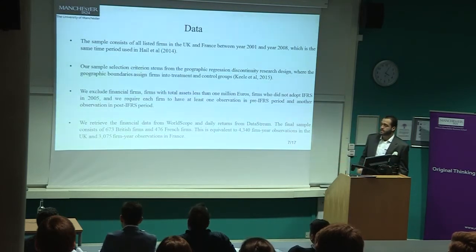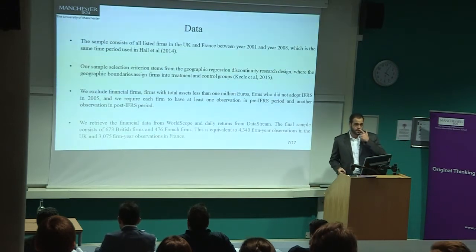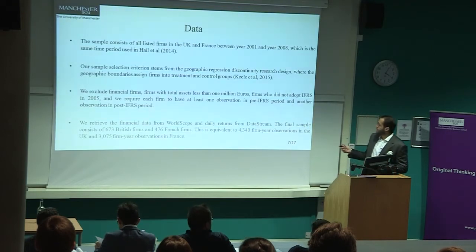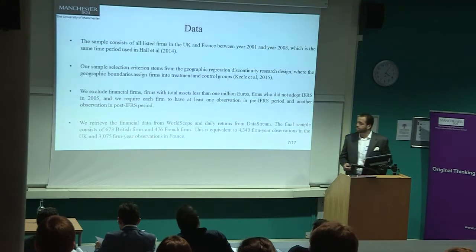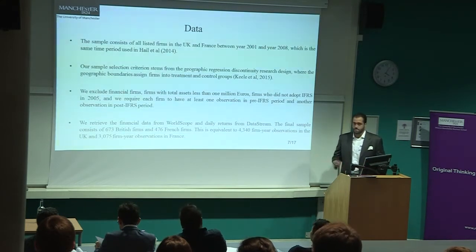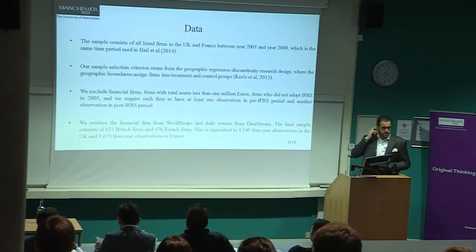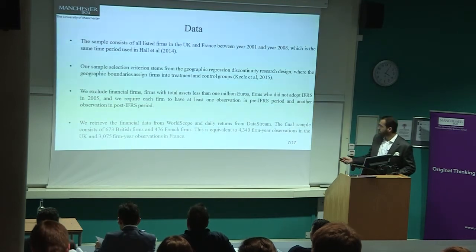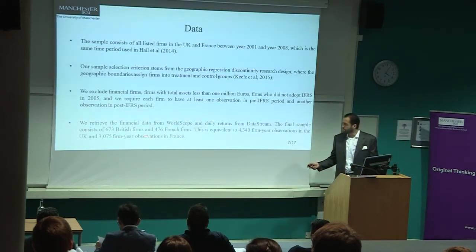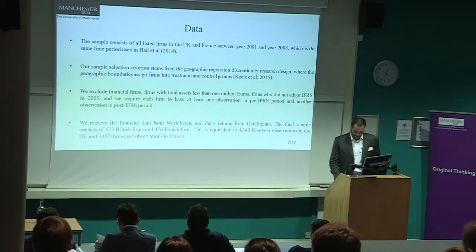The sample selection criterion stems from the geographic discontinuity regression, which assigns control and treatment groups using geographic boundaries. We exclude some firms and apply some data restrictions following prior research, and we end up with 4,340 firm-year observations in the UK and 3,075 firm-year observations in France.